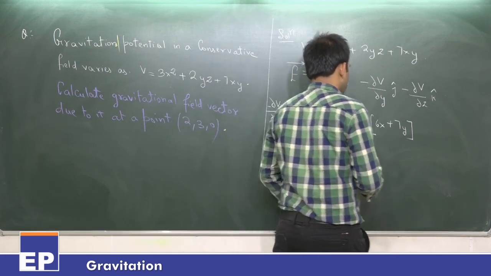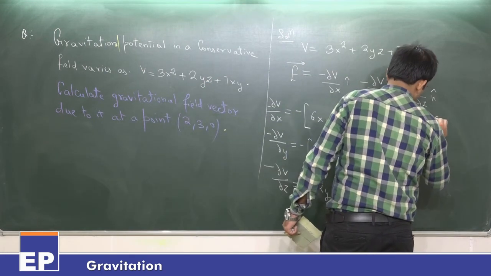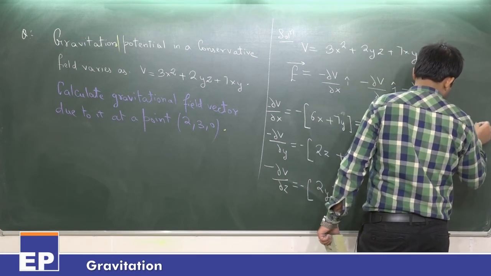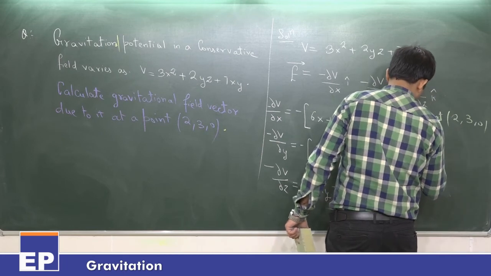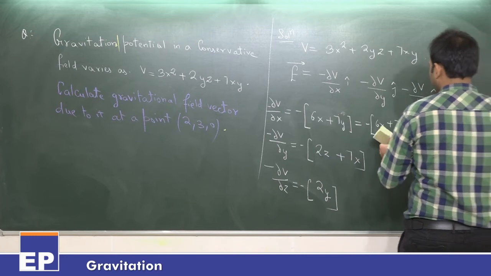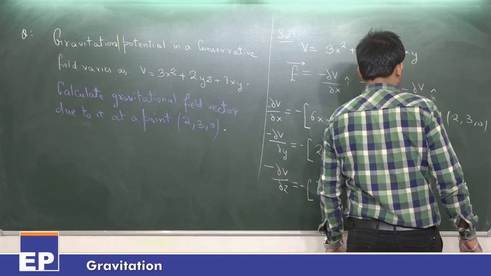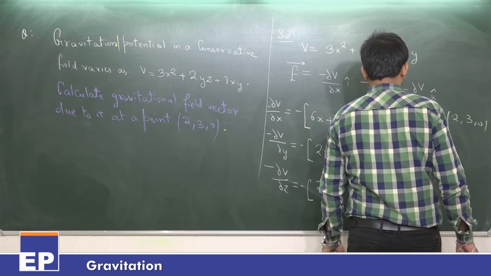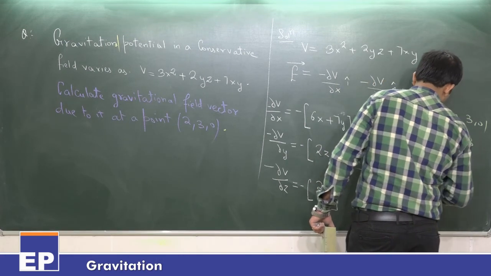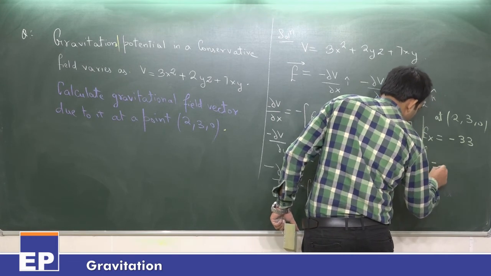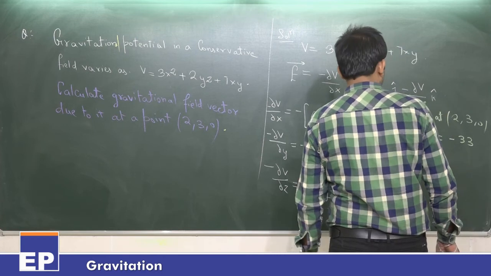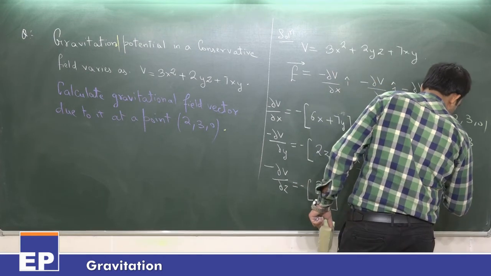Now if we put the values at 2, 3, 0, Ex will come out to be minus del V by del x. Put x as 2, 6 into 2 is 12, put y as 3, 7 into 3 is 21, 21 plus 12 is 33, that is minus 33. Ey is what? x as 2, y as 3, 7 into 2 is 14, z is 0 so 14 only remains, so minus 14.